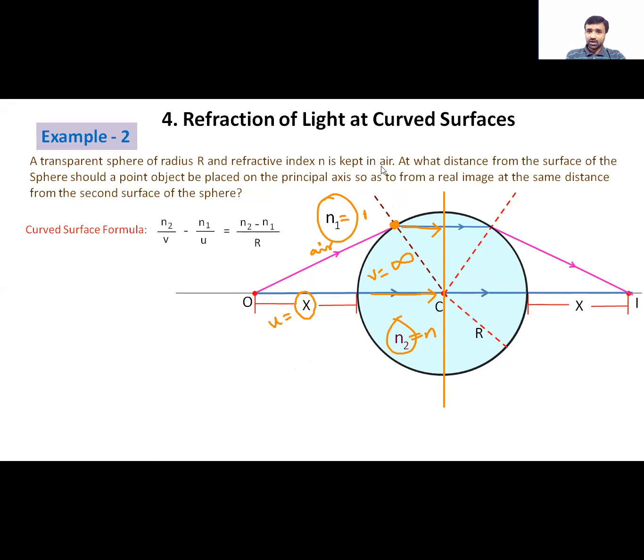From the surface, you are measuring in the direction of the incident light rays. This incident light ray is towards the right side, and you are measuring the image distance also on the right side. So the image distance will be taken as positive. What about the object distance? It is measured towards the left side, while the incident light ray is towards the right side.